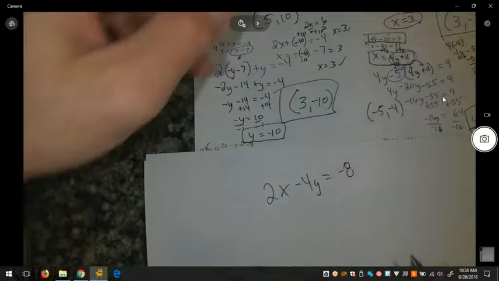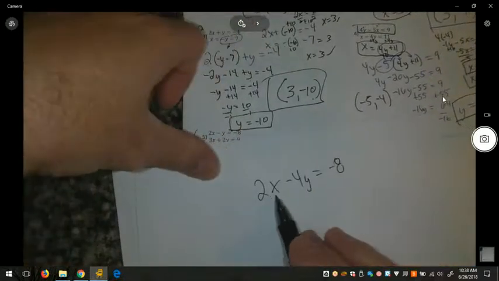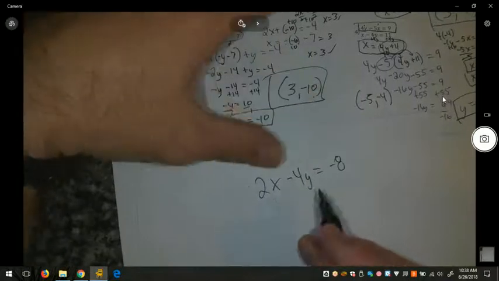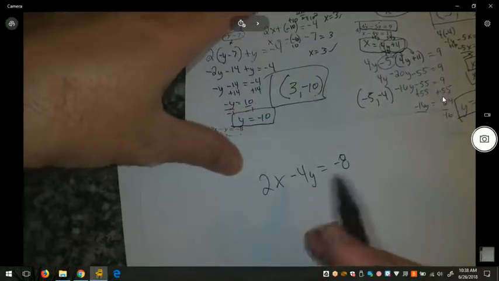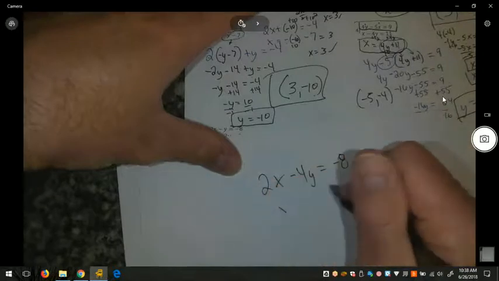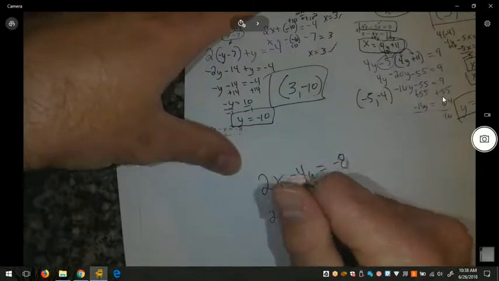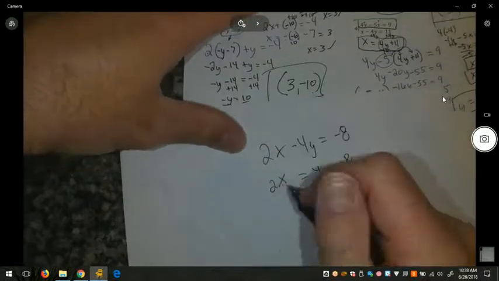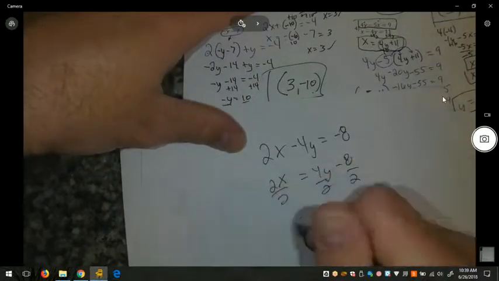It's not. But if it were, then I would simply try to get this one by itself because all of these are divisible by 2. Sometimes I may even have to include a fraction. So if I did that, then I'd have to add the 4y first, and then divide every single term by 2.